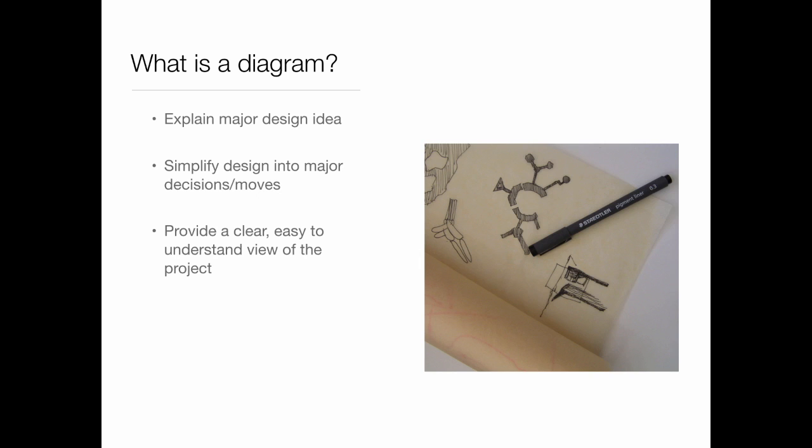Maybe the easiest way to refer to it is the equivalent of a one-liner joke, right? Where there's not much to it. That's it. This is what it's about. So you simplify whatever your major decisions are, your major design implications, down into something really clear and easy to understand. And that's the point. They're supposed to be clear and easy to understand.